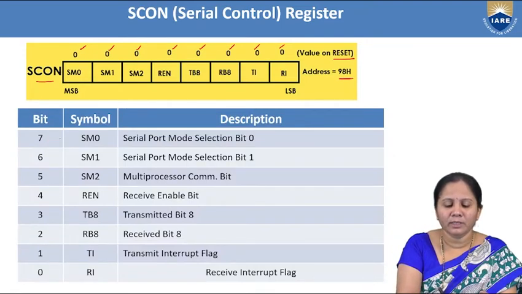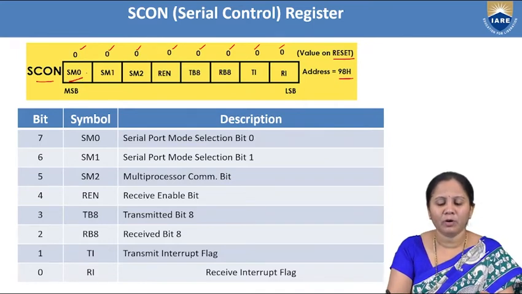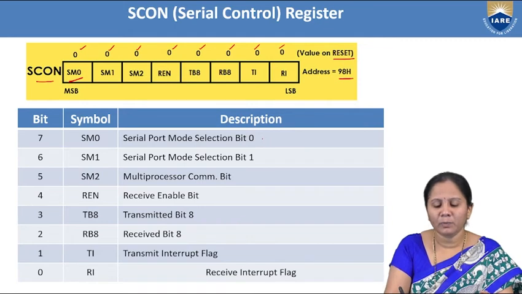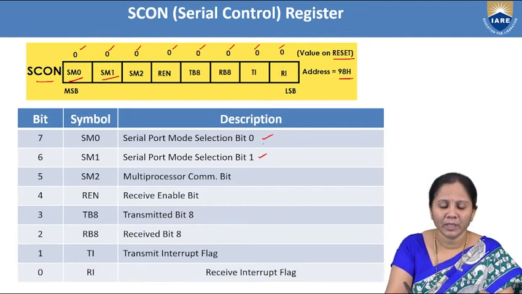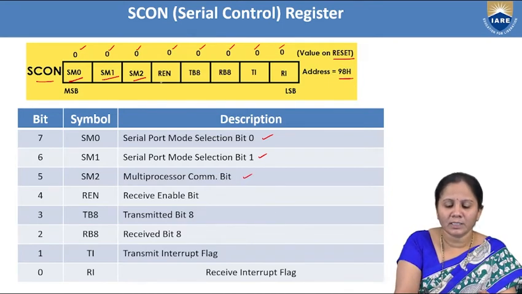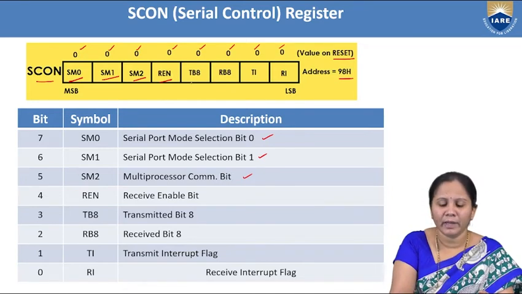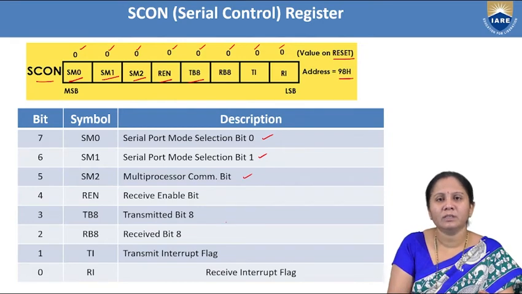It is an 8-bit register. The first bit is SM0, which indicates serial port mode selection bit 0, and next is SM1, serial port mode selection bit 1. Next is SM2, the multiprocessor communication bit. Next is REN, the receive enable bit, and TB8, the transmitted bit 8.